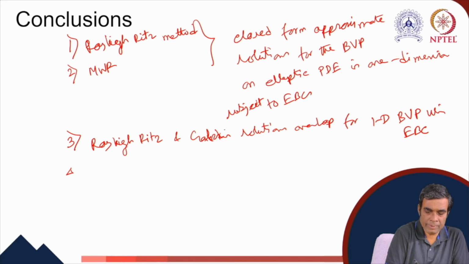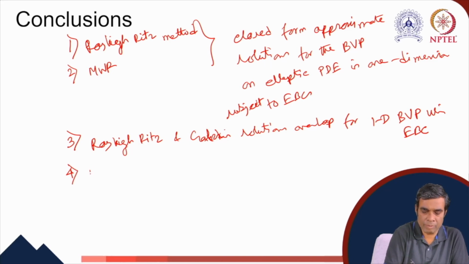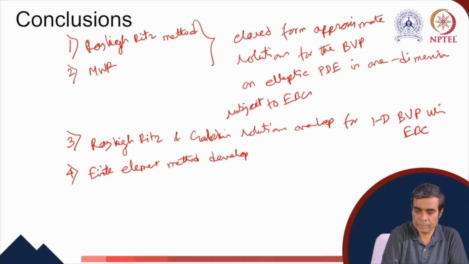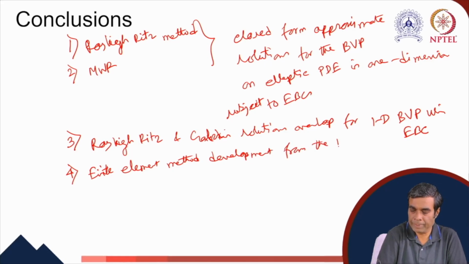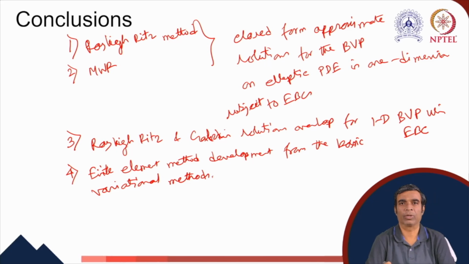And eventually, we have shown the development of the finite element method from the basic variational methods. So, basic variational methods are the foundations for understanding the finite element methods.